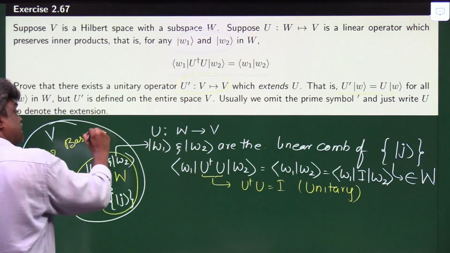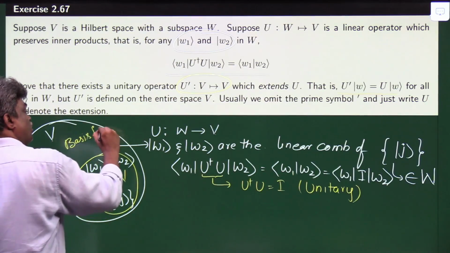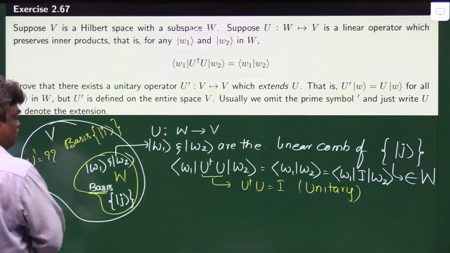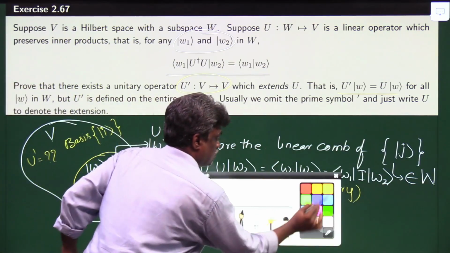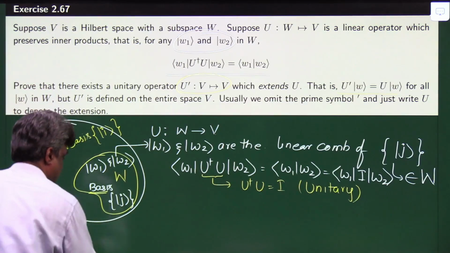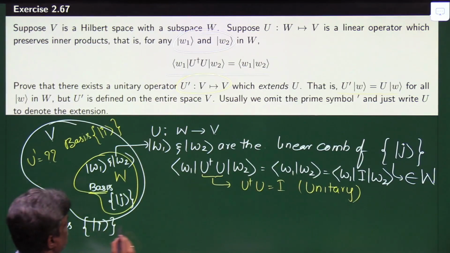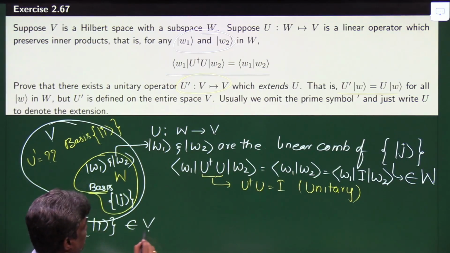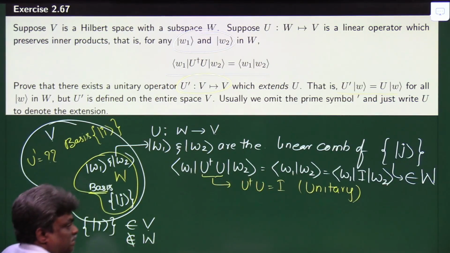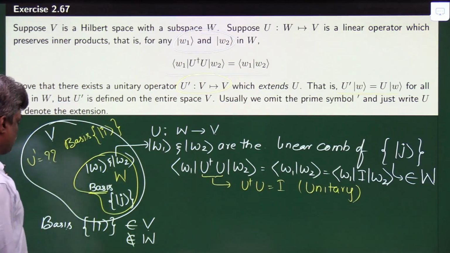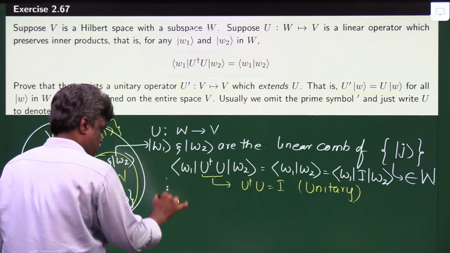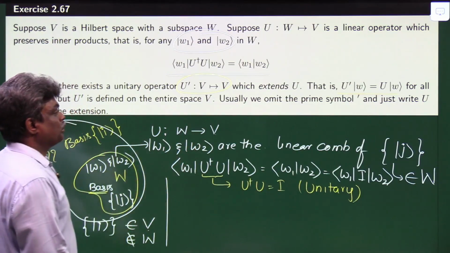Remember, these are bases which belong to V, but do not belong to this W. Careful. Right. Fine. So the explanation of the question is over.